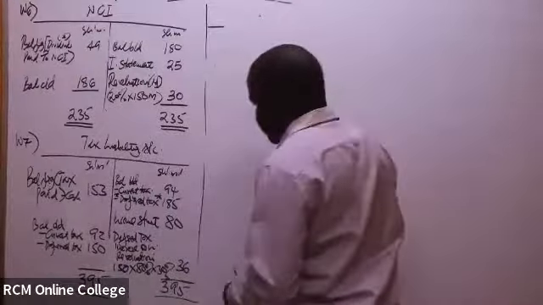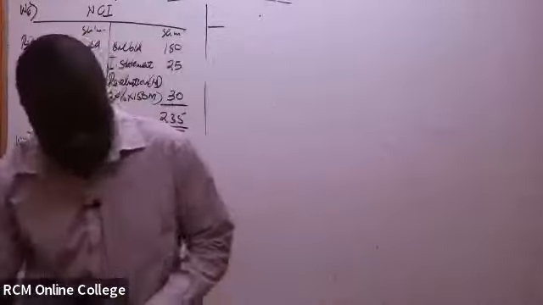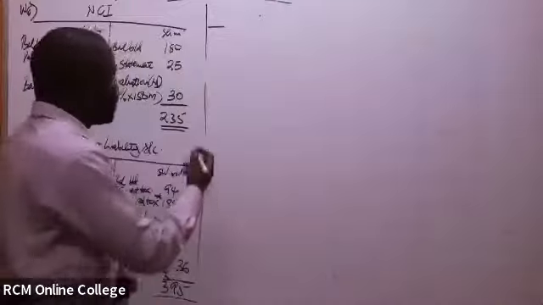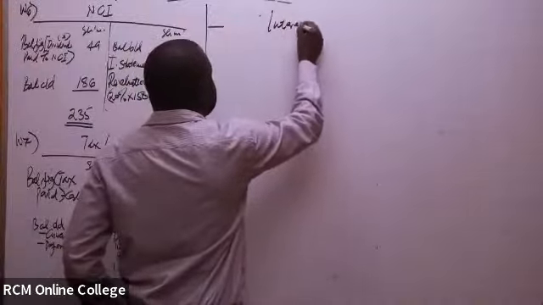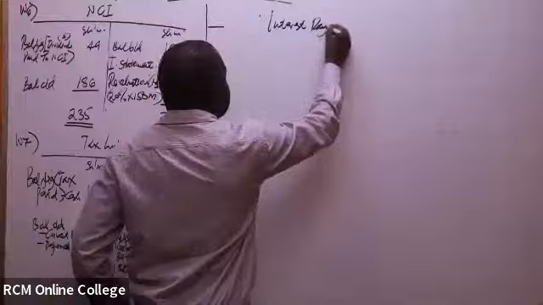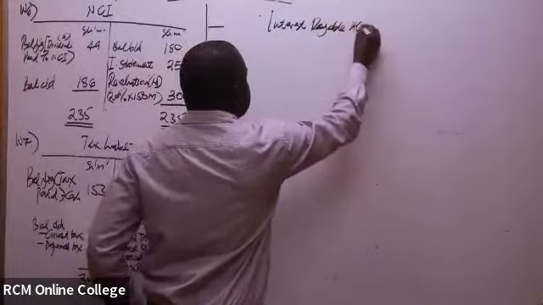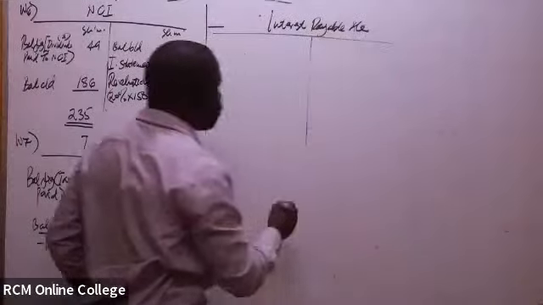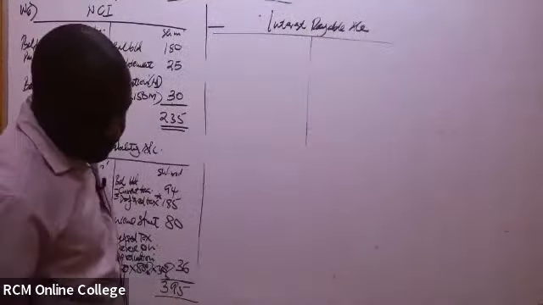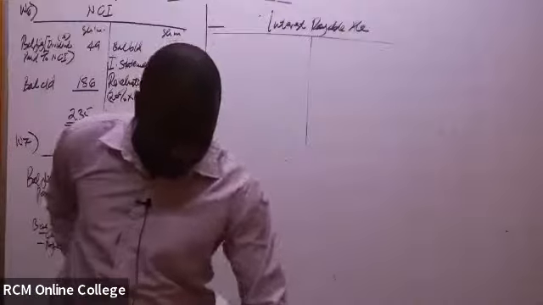So we have the finance cost or interest payable account, which you can see as part of the current liabilities.